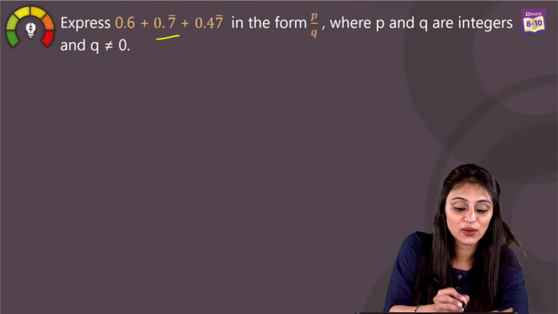We have 7.777. Now I'm just going to subtract these 2 equations, and what do we get? We get 10y minus y is equal to 7. That's going to be 9y equals 7. So y would be equal to 7 by 9. That means 0.7 bar can be written as 7 by 9.